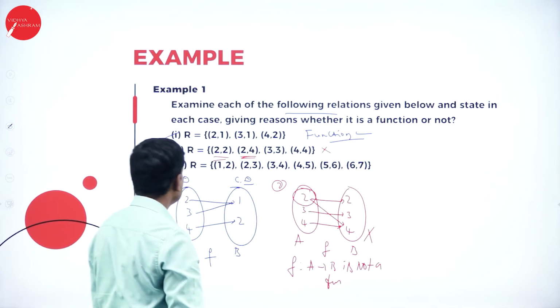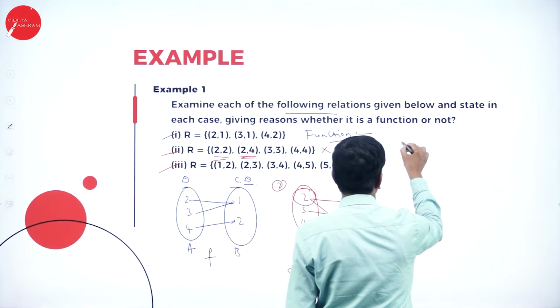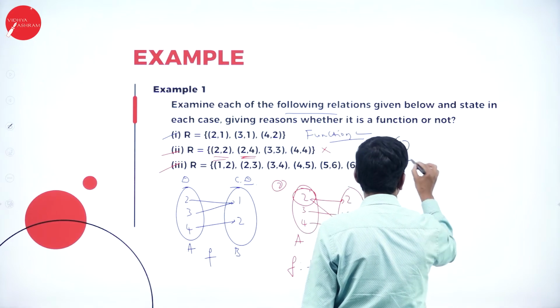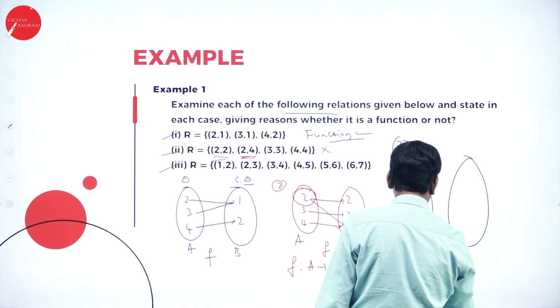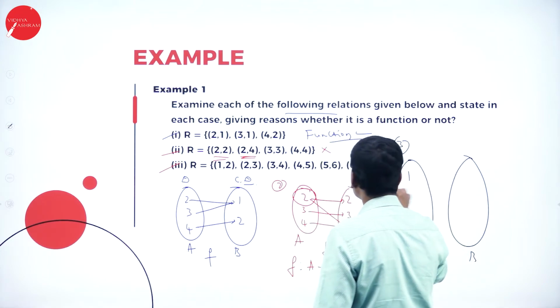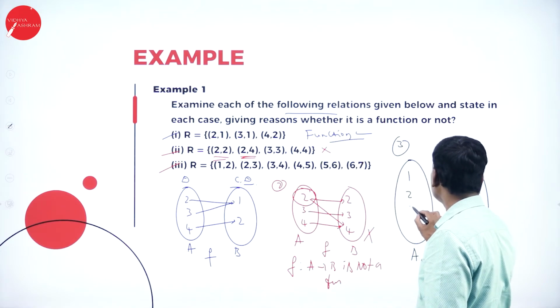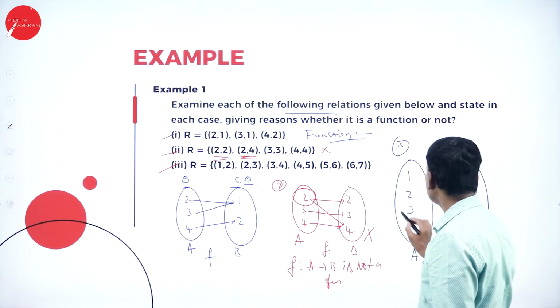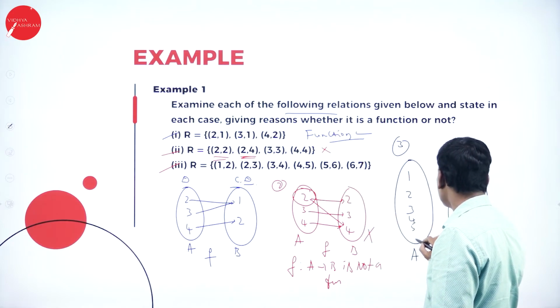And the third one, what is the third one? Example number 3. Let us call it A and B. Verify. A contains 1, 2, 3, 4, 5, 6.